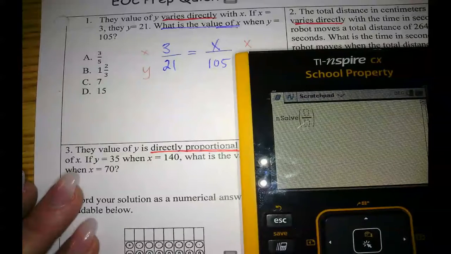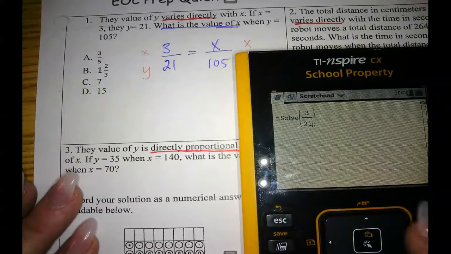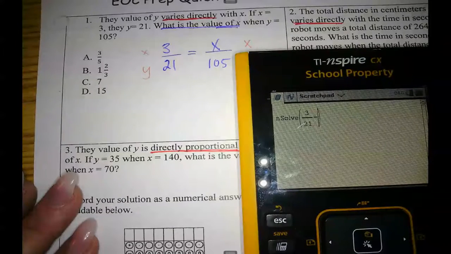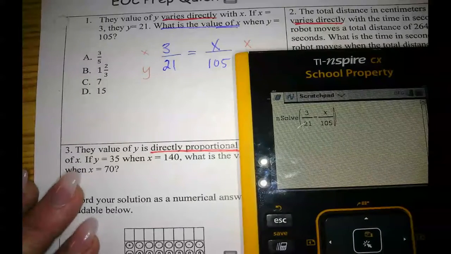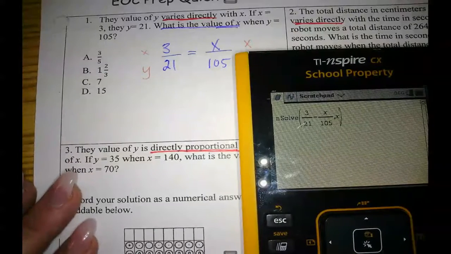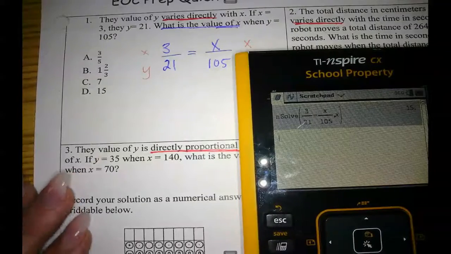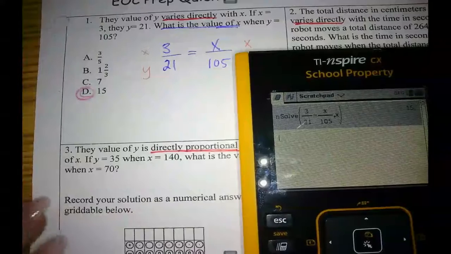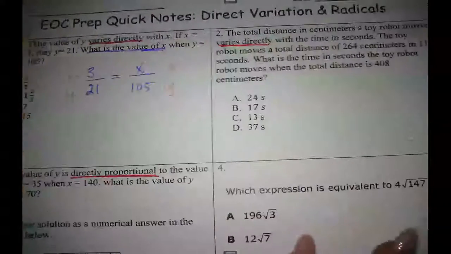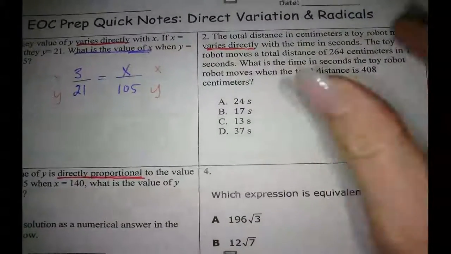Control division sign gives me that. So 3 over 21 equals, this is where my x is, over 105. Remember on the inside, that's where we put comma x, and it is 15.